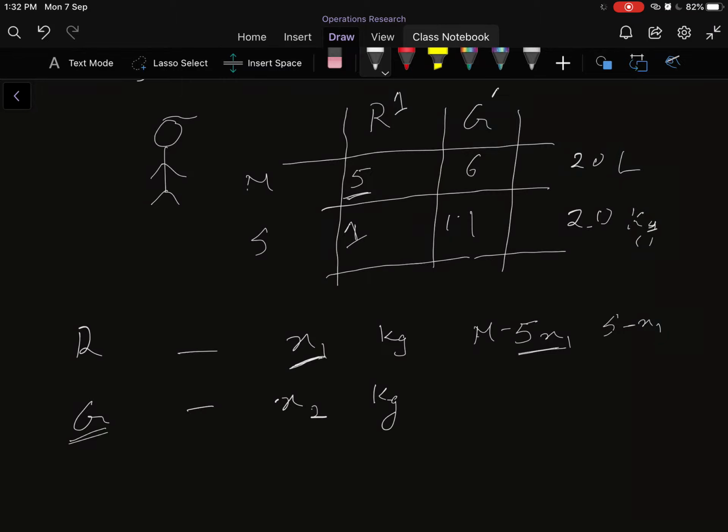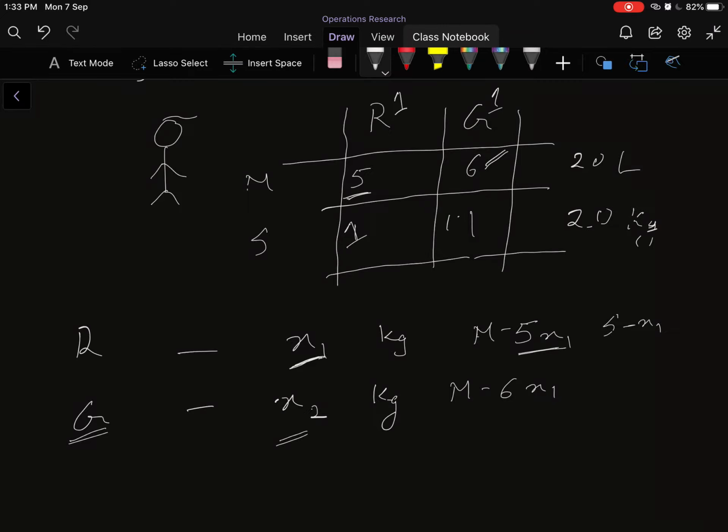For producing 1 kg of gulab jamun, the vendor or the businessman needs 6 liters of milk. So if he assumes that he is making x2 kg of gulab jamun, then the amount of milk that he would be requiring is 6 into x2.